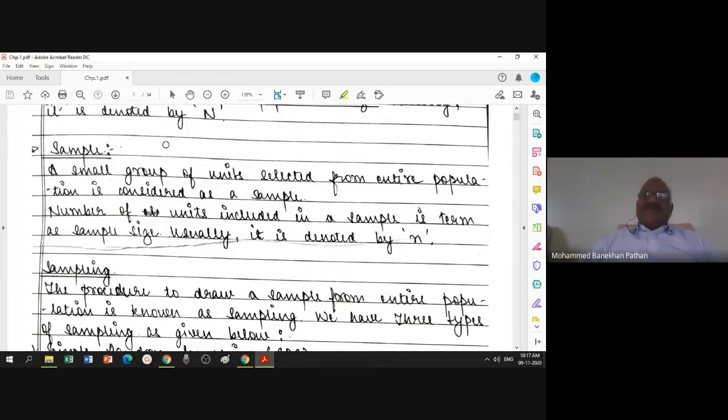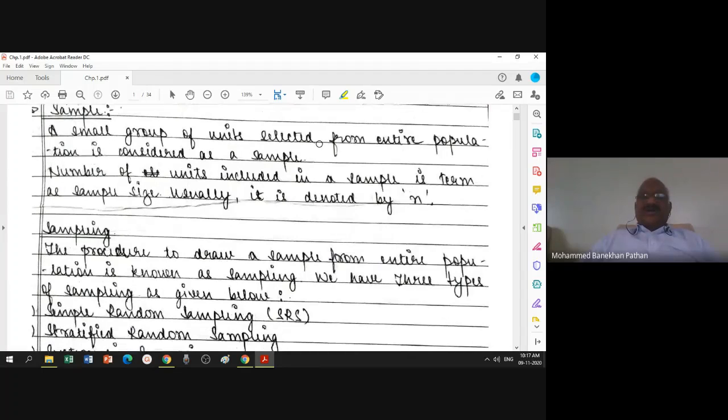Now what is a sample? A small group of elements selected from the entire population is considered a sample.